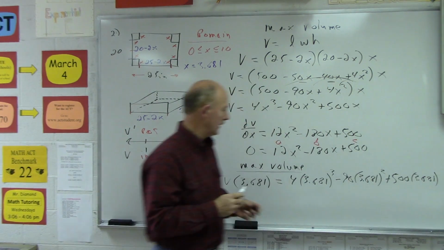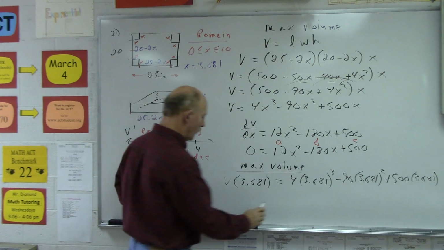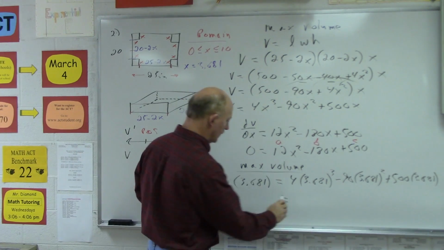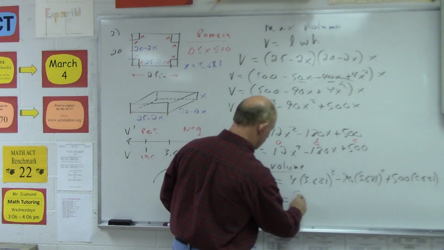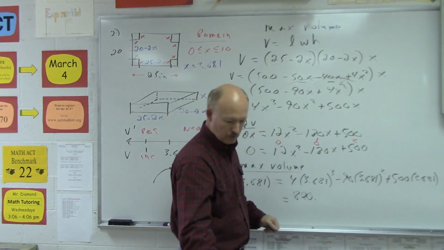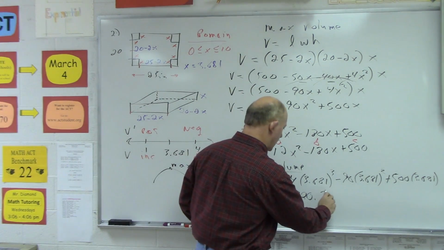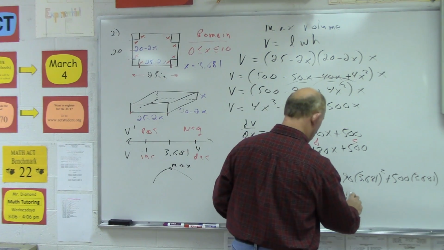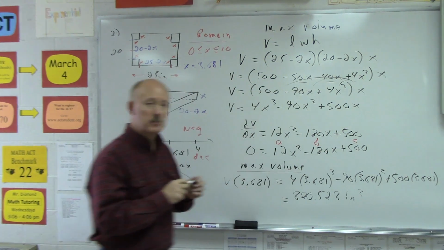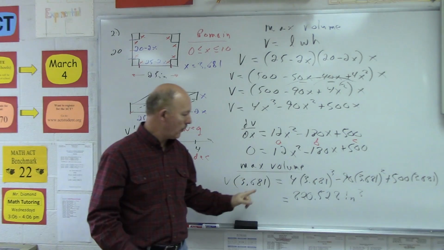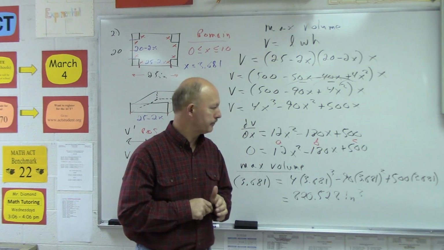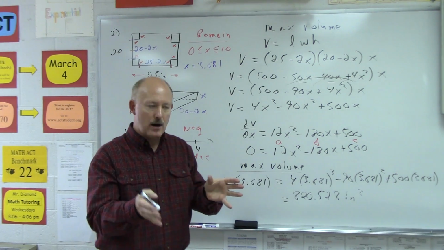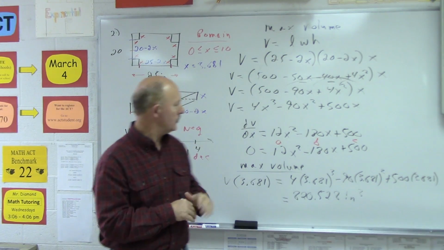You take the 3.681 and substitute it into your volume formula, and I've already got this done: this is 820.528. I believe this is in inches, so this will be inches cubed. So the maximum volume should be 820.528 inches cubed.